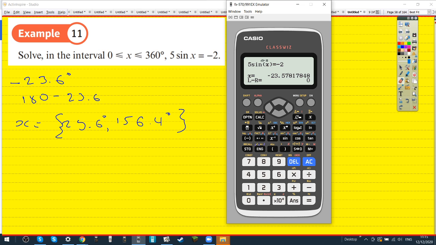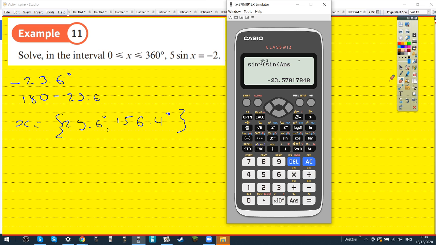So minus 23.6. It's still negative. Wait, there's no way those two are the same, unless I did cos. Yeah, maybe you did cos. That would make sense. So you have to do it in the one that it's in.